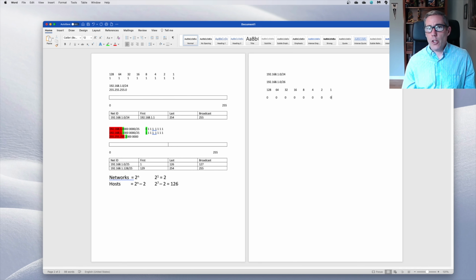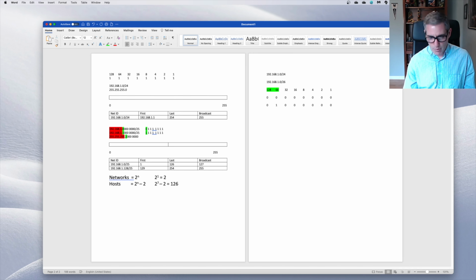Now, remember, we are only looking at these green bits right here. So our next network has to be just increasing this by 1. We keep all of these as 0. The next thing after 0, 0 is 0, 1, and from there it's all zeros.